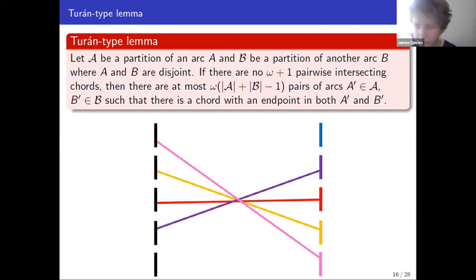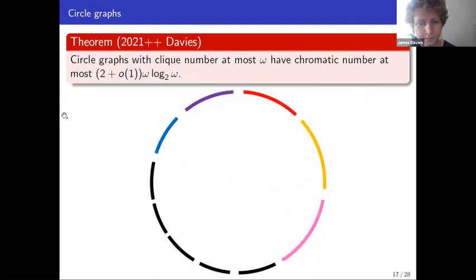For these harder bounds of omega log omega and another result, we actually end up using very specialized Turan-type lemmas, which are beyond just being for these geometric intersection graphs, they're also very much designed for the structure of the coloring we give them and the coloring we extend. Okay, so having done this, this gives us a bound on the number of arcs we need to split up into.